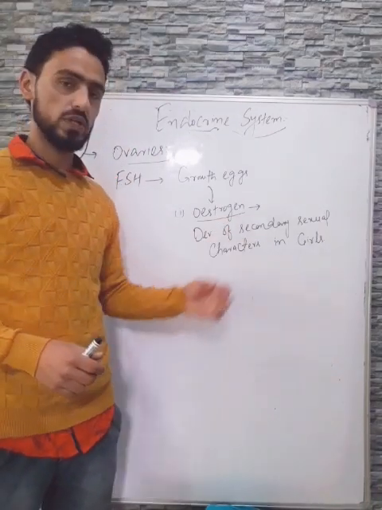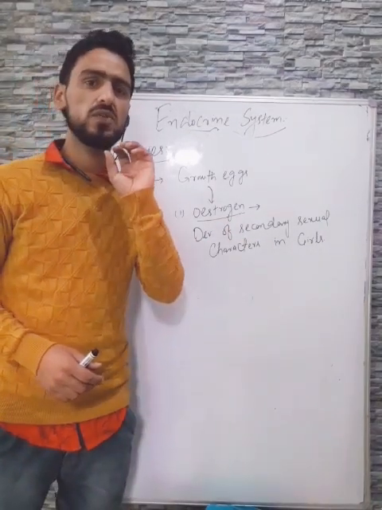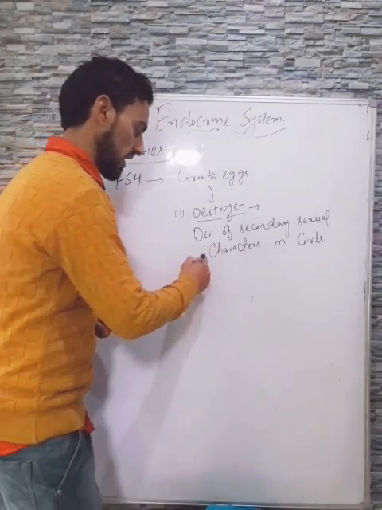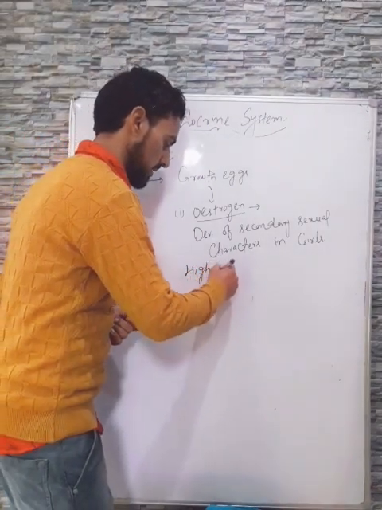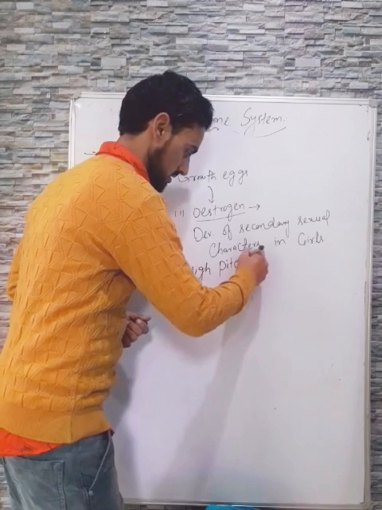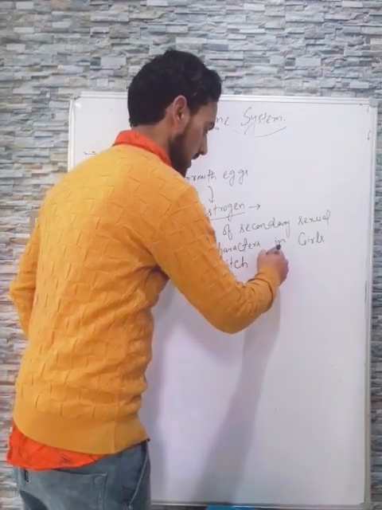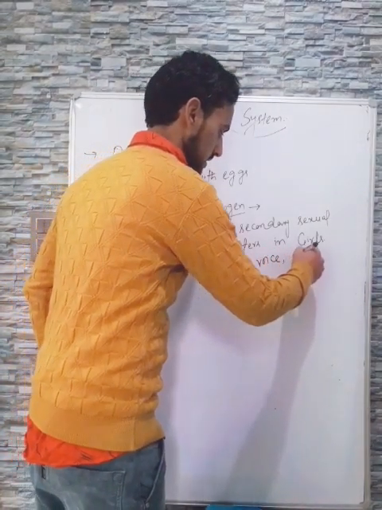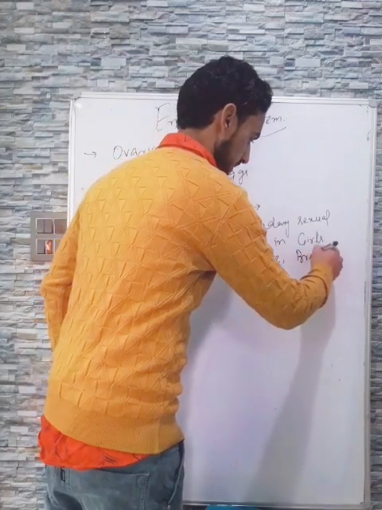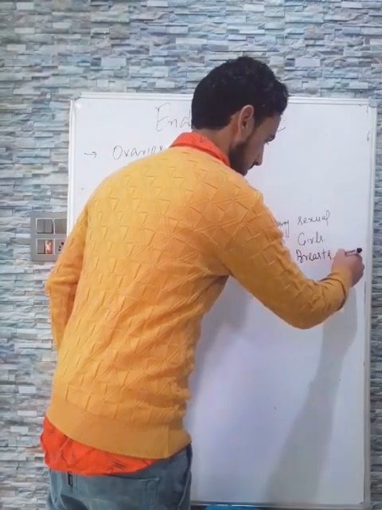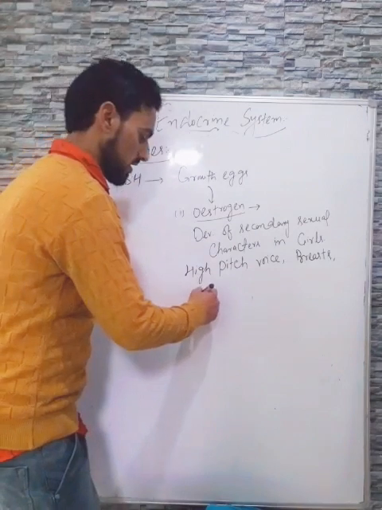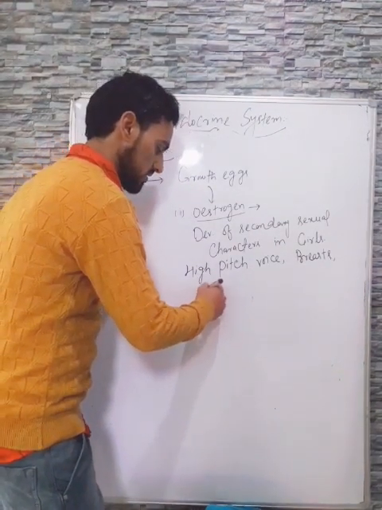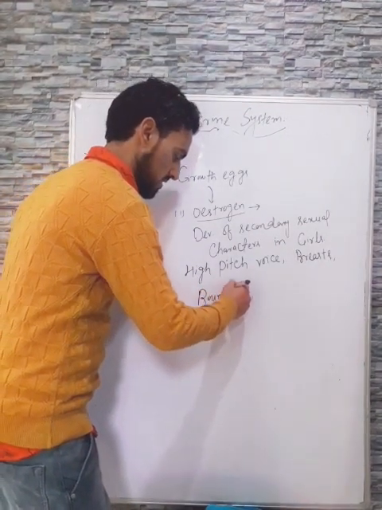Like there is the development of the high pitch voice. This is a secondary sexual character. Also there is the growth of the breasts. Also there is the rounding of the body contours.